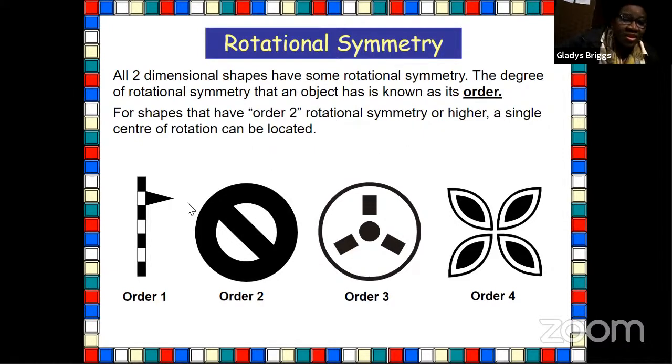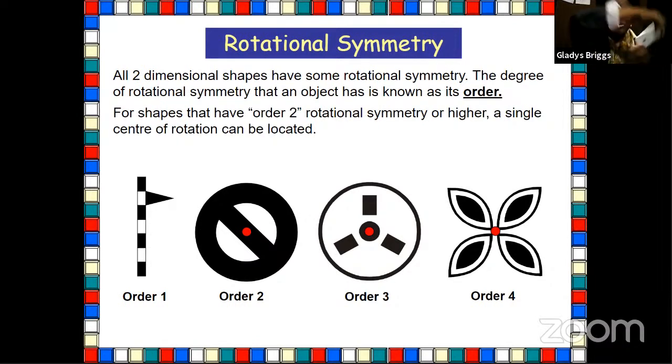Just like I demonstrated with my phone, this is one that you have to rotate one time fully before it can come back onto itself. But this one, if you do it once and twice, then it can come back onto itself.